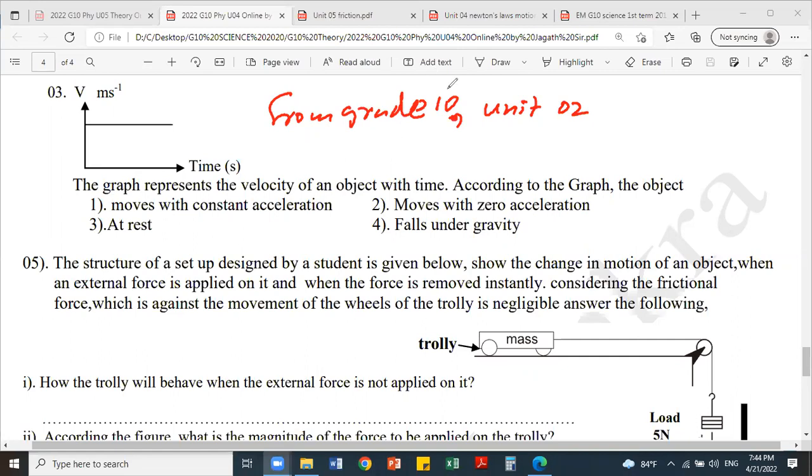Please raise your hand or post the answer on chat. No one? So what is this graph for? This is constant or uniform velocity, right? This is called uniform velocity or constant velocity.